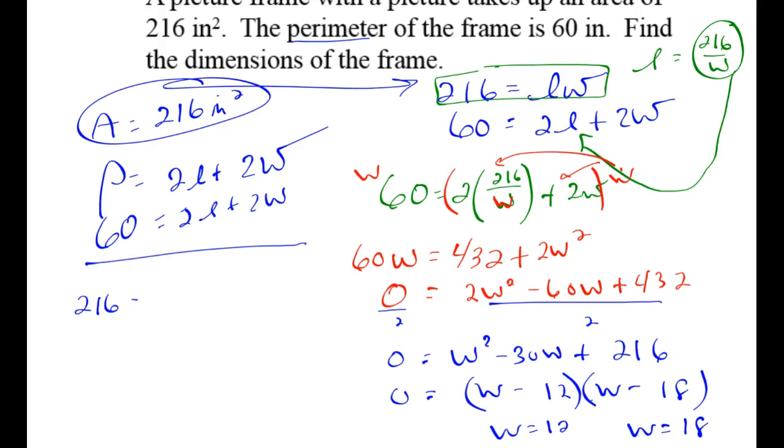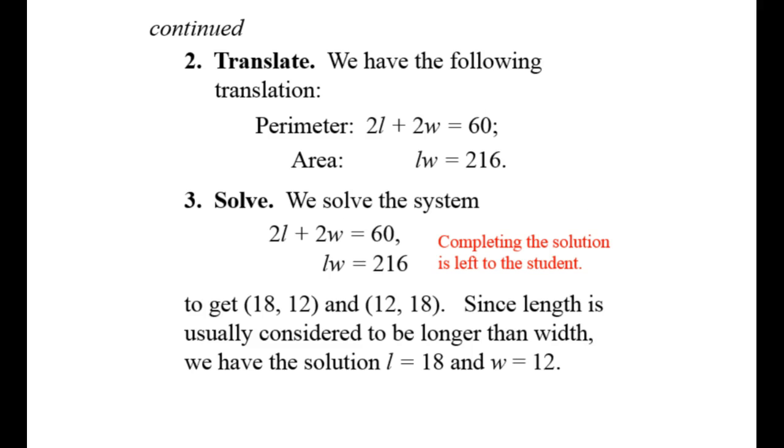I know 216 is LW. Oh, so if the width is 12, that'll make the length 18, and if the width is 18, that'll make the length 12. But basically I've got 12 and 18.